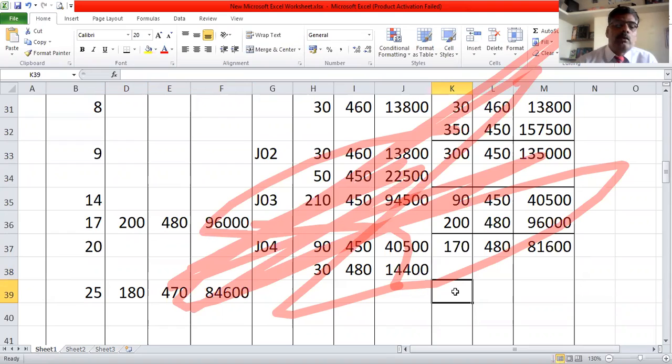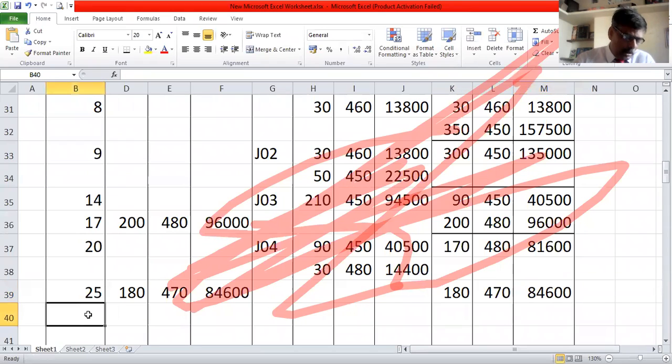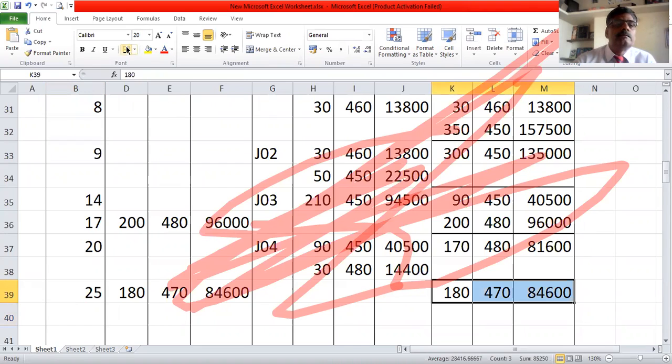You take to the balance column 180, 470, amount is 84,600. This is the purchase.